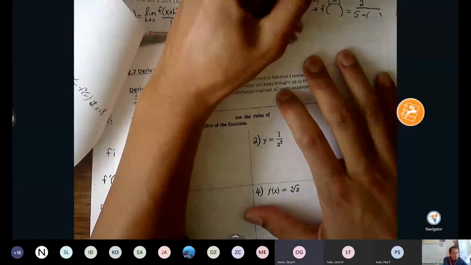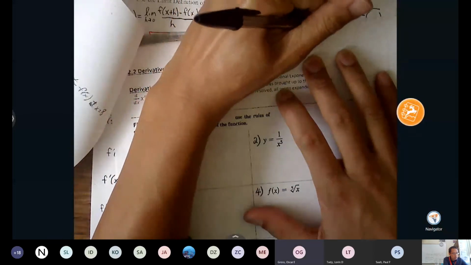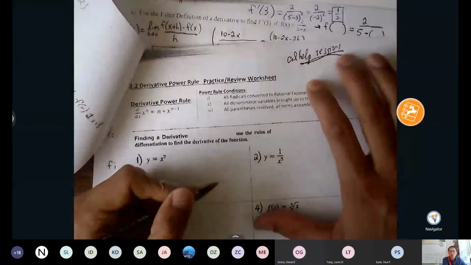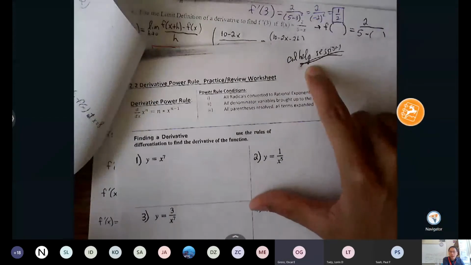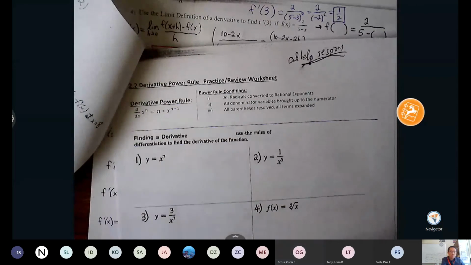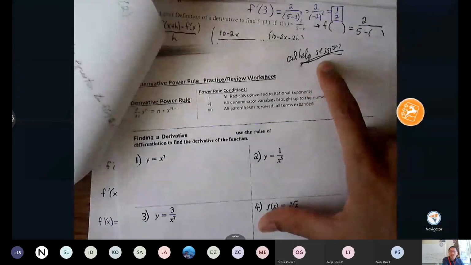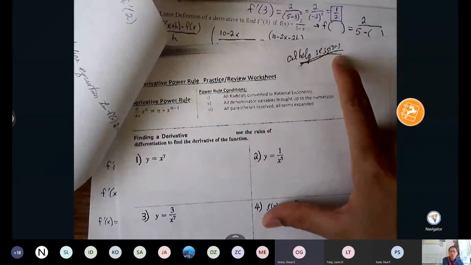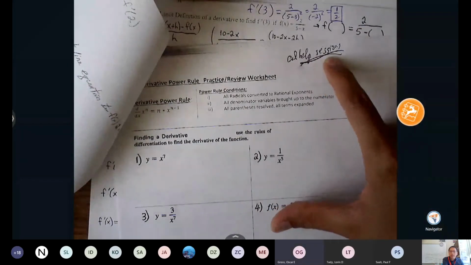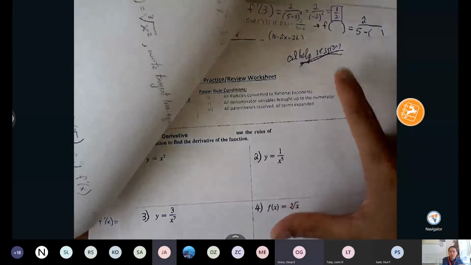Tomorrow morning in the calculus help session, I will go through this worksheet or this homework. I will record it, so you don't have to be there live. You can just watch it if there's any questions that you have. But if you're not on the help session channel, let me know, and I will add you to that Teams page.